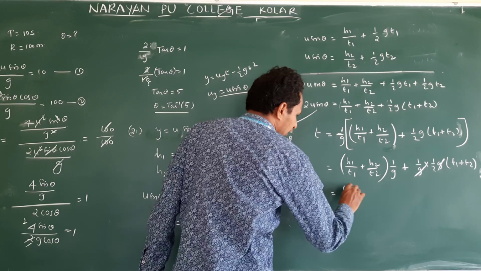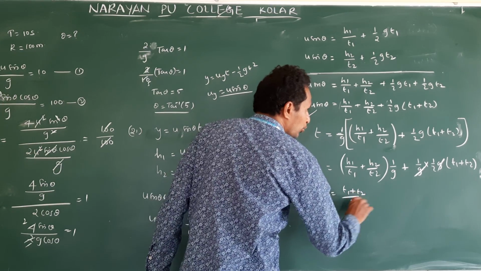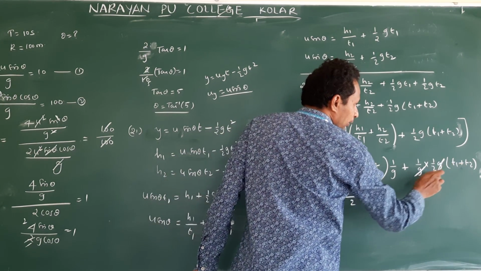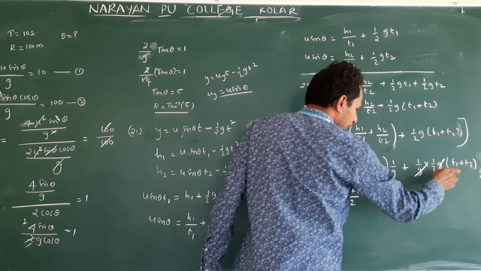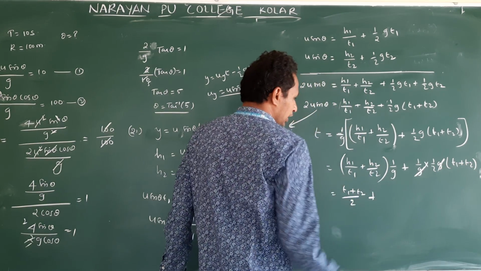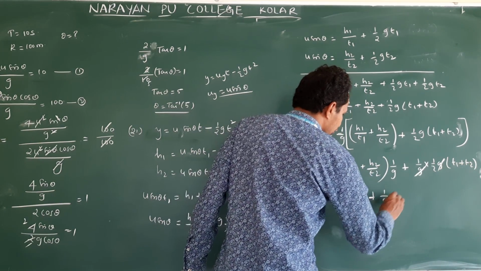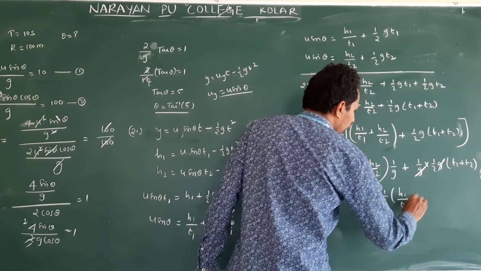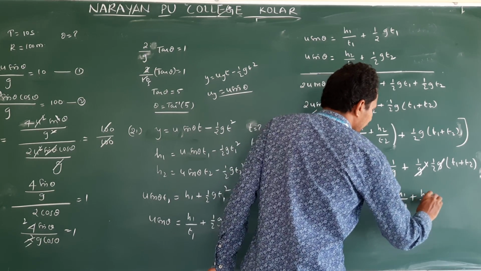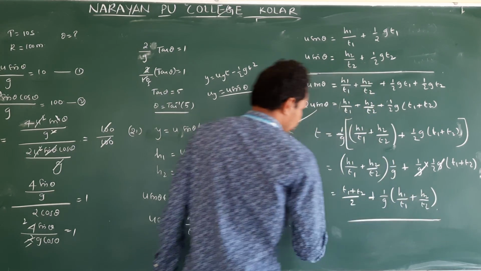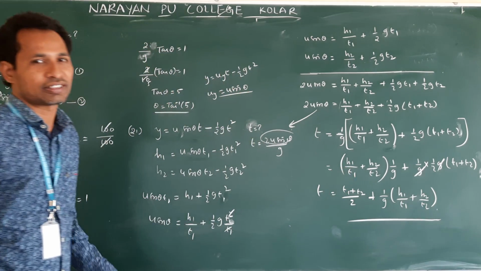This we can write as (t1 plus t2) by 2, plus the remaining term 1 by g (h1 by t1 plus h2 by t2). So this is the given answer.